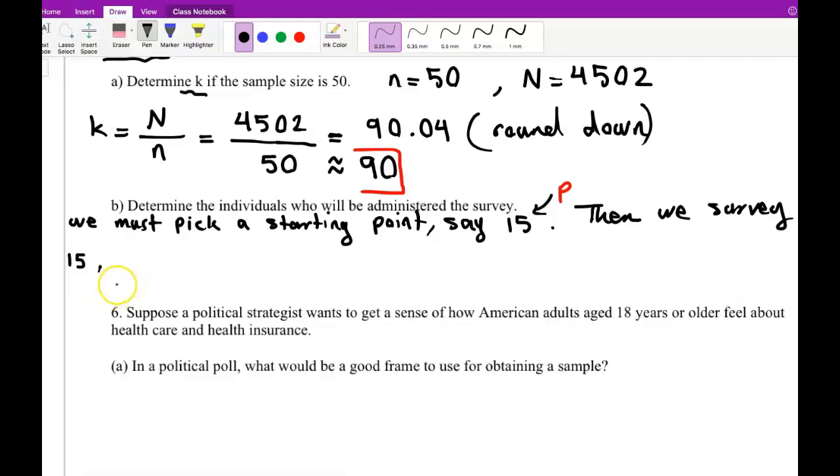Then after that, we have 15 plus K. So P plus K. K is 90. Adding these two, we have 105. So that is 105.